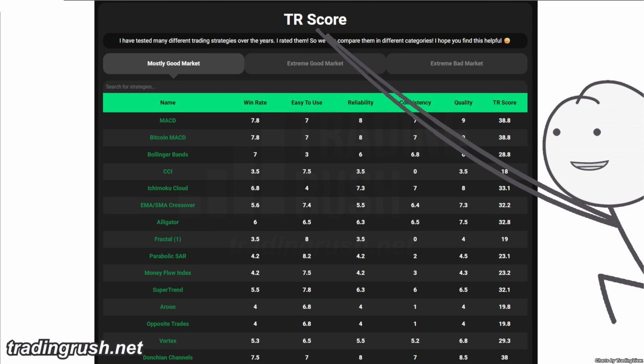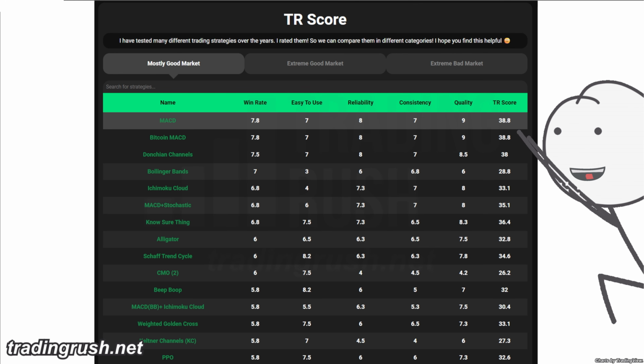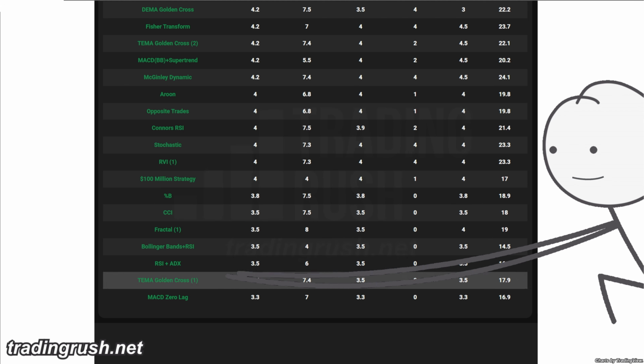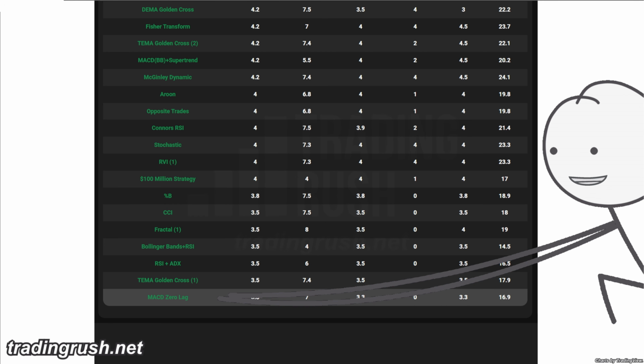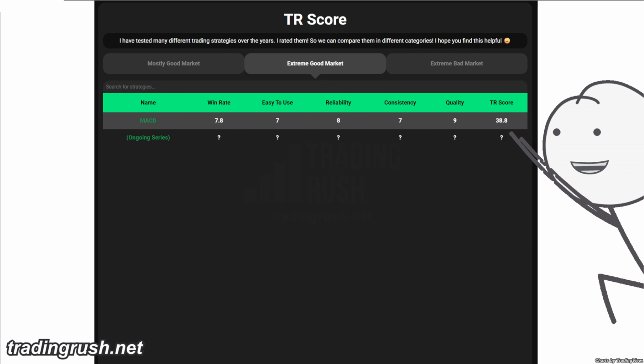Now it's time to give it the Trading Rush score, or TR score. In the previous 100 times testing series, MACD got the highest win rate and the highest TR score. And if we scroll down, we will find that MACD Zero Lag, which was the faster version of the MACD indicator, got the worst win rate of 33%. And now, in the extremely good market test, I am going to give MACD the same high TR score of 38.8 because it got the same win rate and gave the same high-quality trades in a good market.